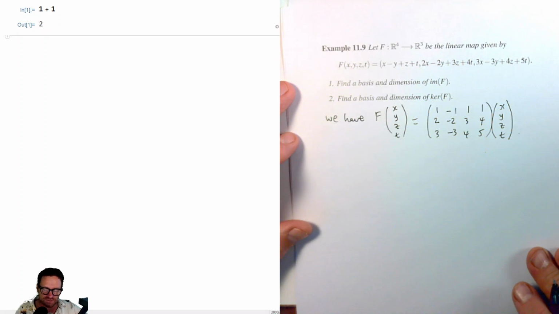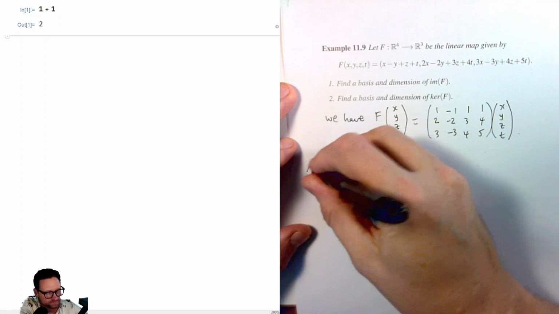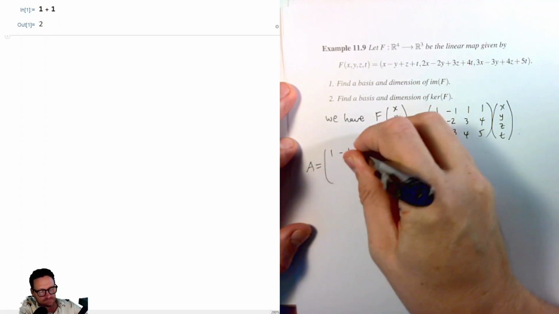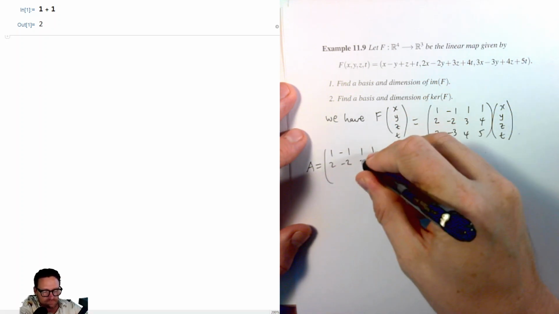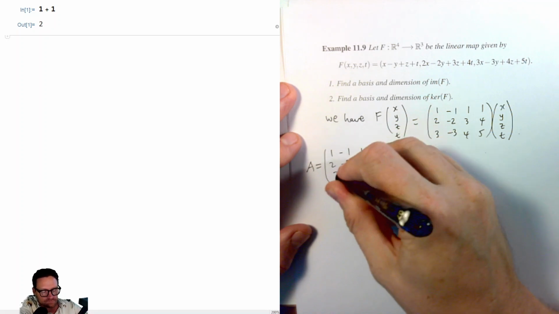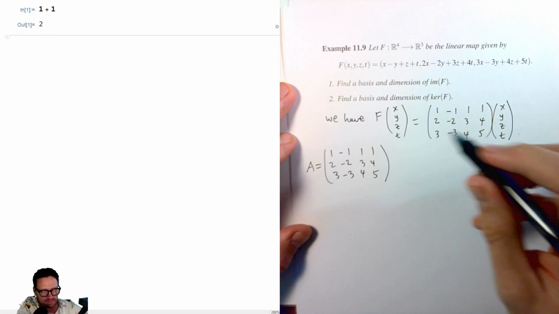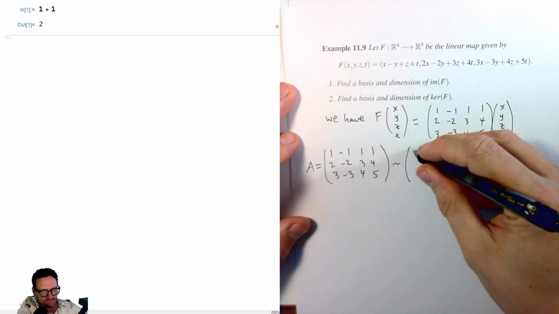So what we want to do is row reduce this matrix here. Okay, so we multiply row 1 by 2.